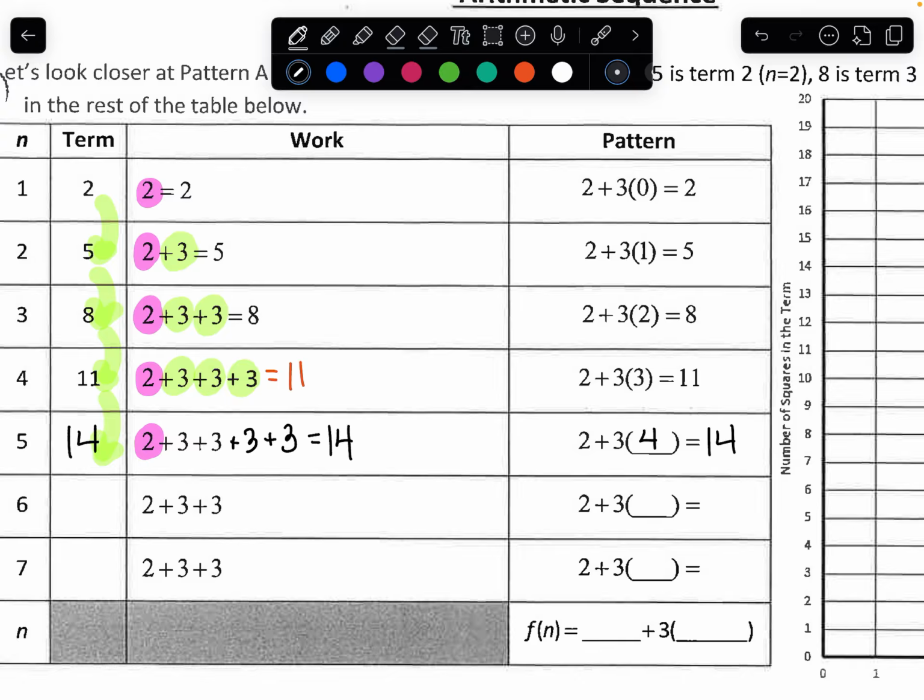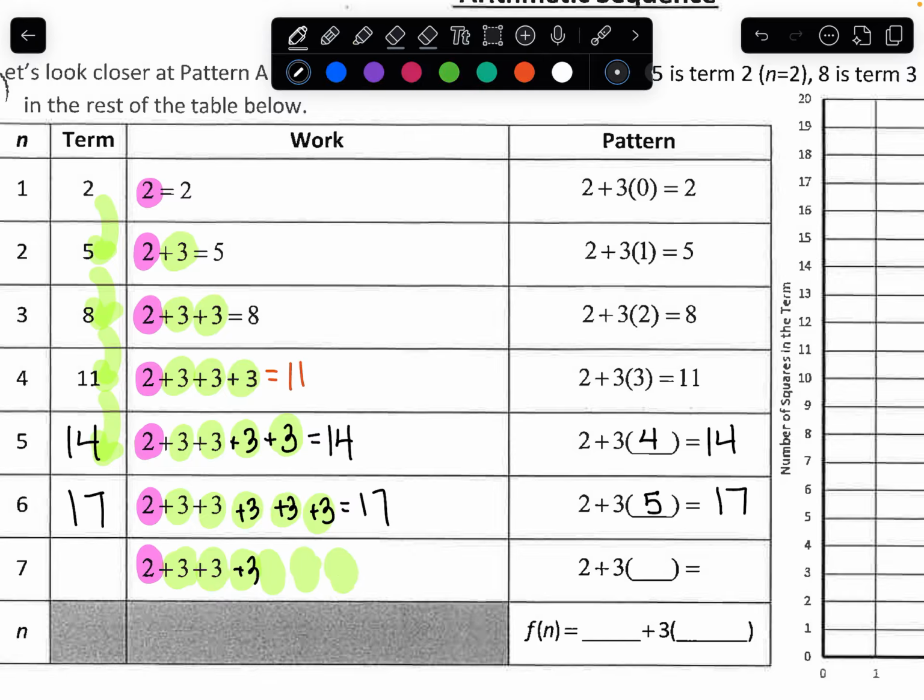Hopefully you are seeing a pattern that we are always taking our first term and adding, oopsies, I didn't color code this. So 1, 2, 3, 4, 5. So our sixth term has five 3s being added together to get 17. And our seventh term, you might have guessed it, we take our first term and we are going to add six 3s.